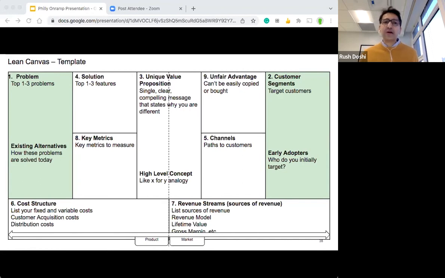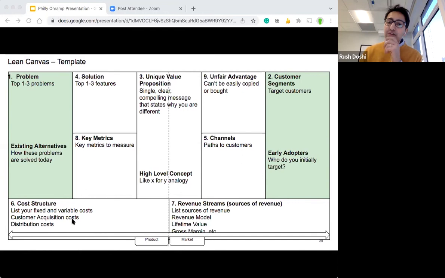You start with the problem: what are the top three problems or pain points that your customer has, and how are they currently solving it? I think it's important to make sure you're aware of that. What are they doing? That helps identify what your key competitors are for solving this problem.